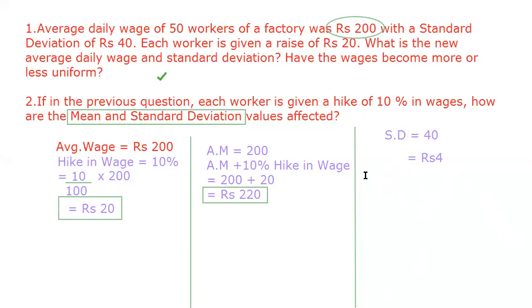The new standard deviation is equal to 40 plus 4, that is equal to 44.